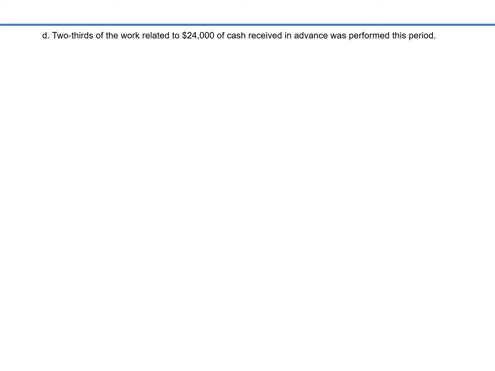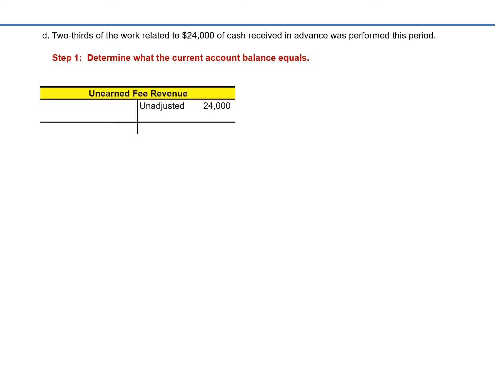In Part D, 2/3 of the work related to $24,000 of cash received in advance was performed for the period. So determine what our account balance equals. It equals 24,000, our unadjusted unearned fee revenue liability account. 2/3 of the work was performed, which means the balance needs to be 1/3, or $8,000.